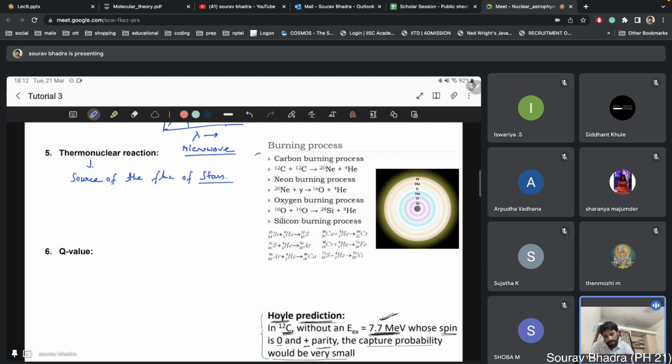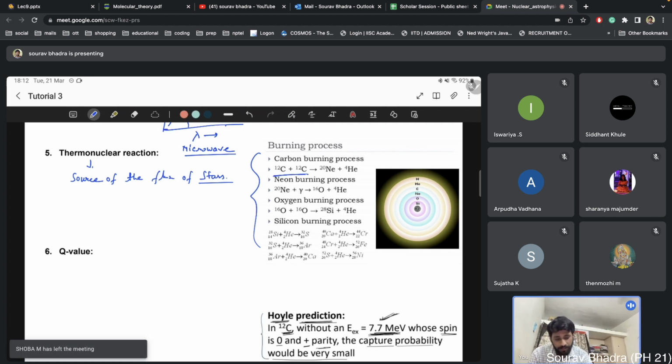Here I have written a few processes of different element making: from carbon fusion we get neon, from neon oxygen, and higher order elements. You know the oxygen burning, neon burning, and silicon burning processes, which give us higher and higher elements in the universe.